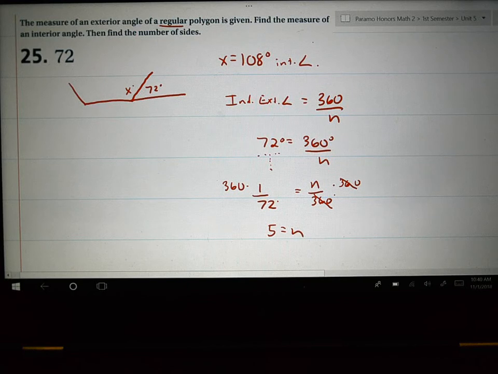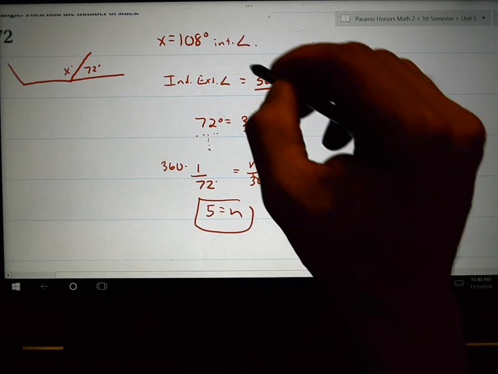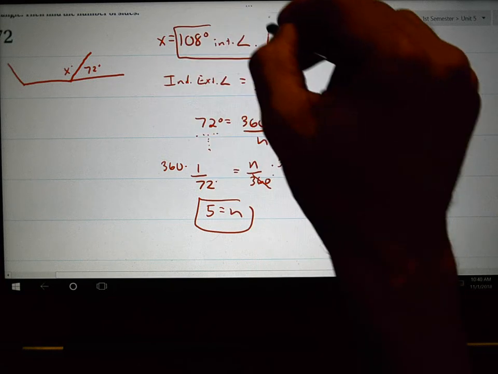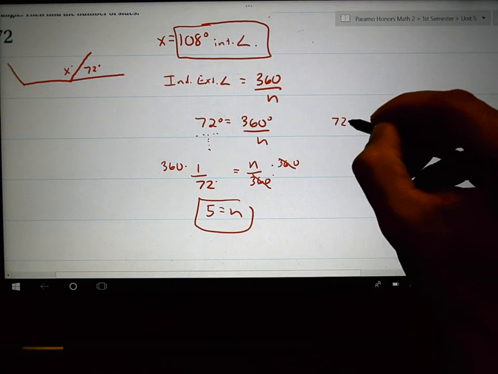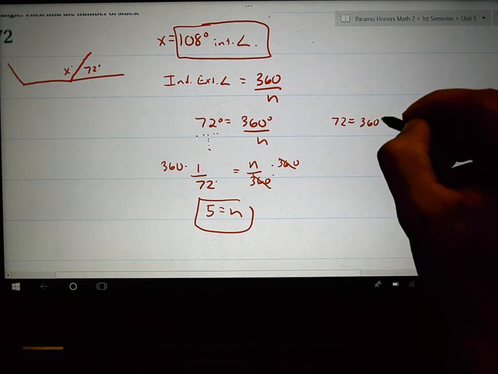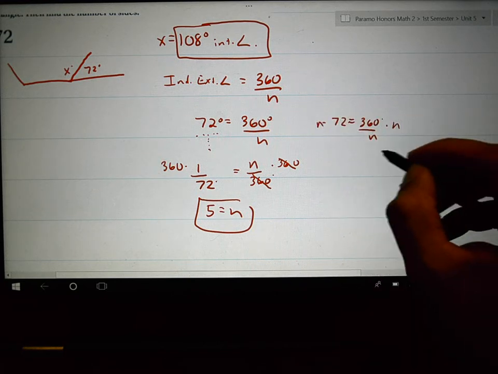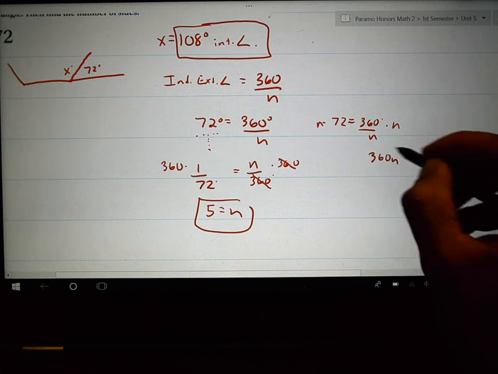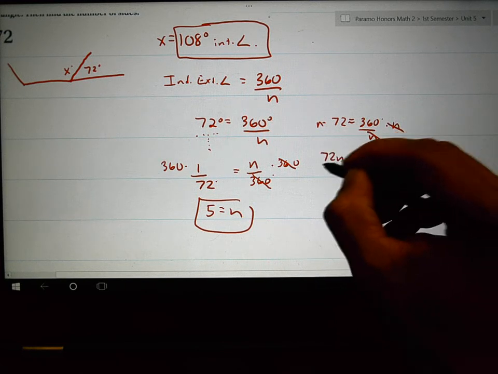If you don't like that method, there's other ways to do it. You could also, I've seen people do this, divide by n, times by n, 360 equals 72n, divide by 72, divide by 72.